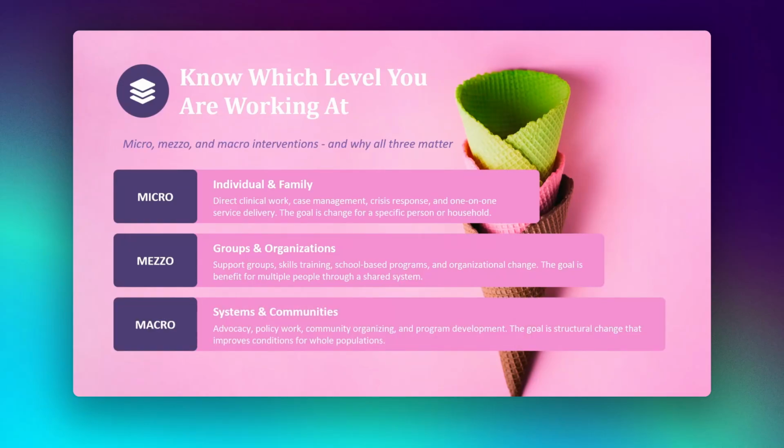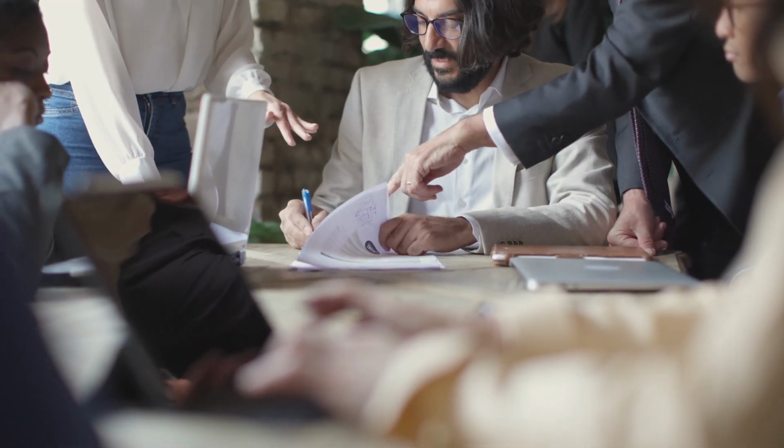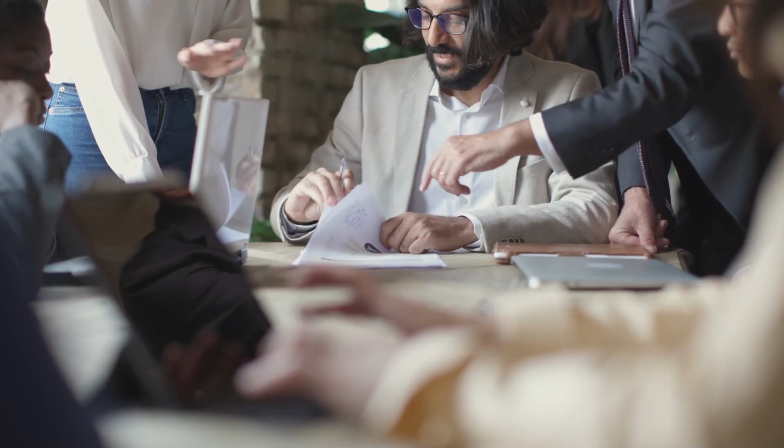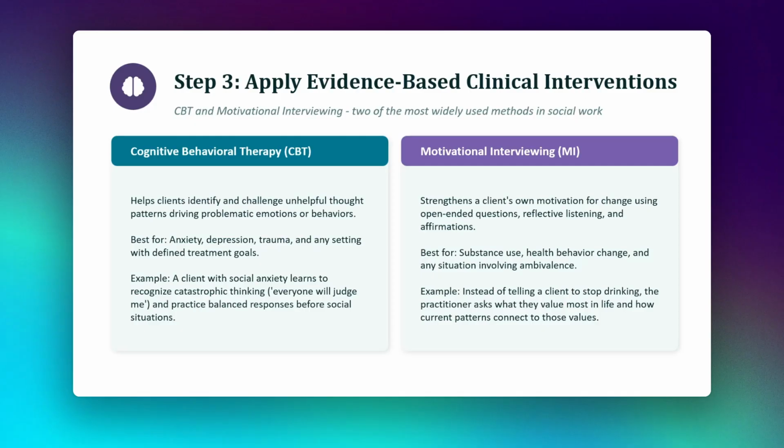Macro goes further still, targeting the systems, policies, and structural conditions that shape people's lives. Advocacy, community organizing, policy analysis, and program development are all macro interventions.